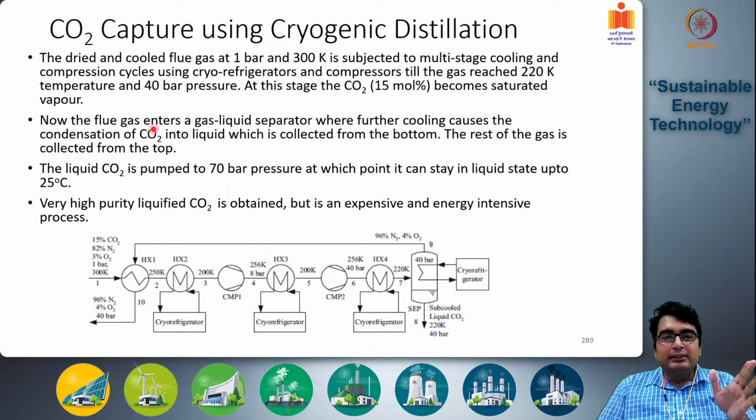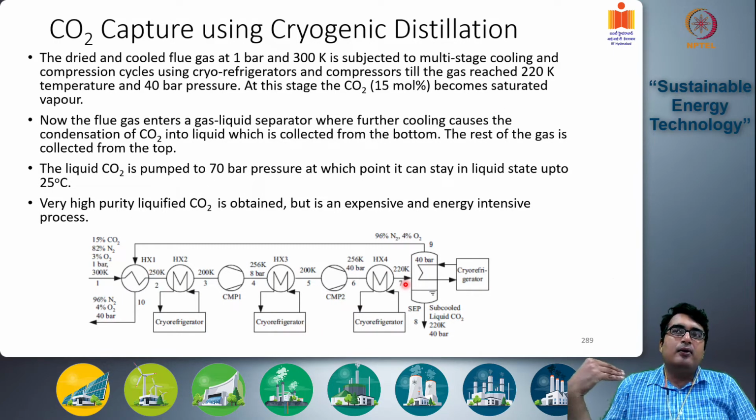So now this flue gas enters a gas liquid separator, where further cooling causes the condensation of CO2 into liquid. So this flue gas at 220 Kelvin and 40 bar pressure is at the stage where CO2, which is 15 mole % of it, becomes a saturated vapor. This final temperature will also depend on the fraction of CO2 present in the flue gas.